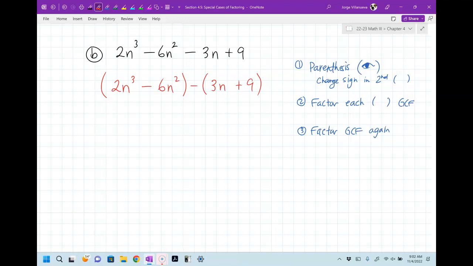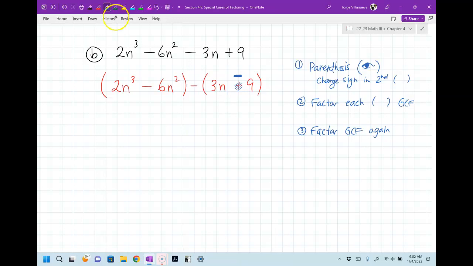So is it negative in the middle? Yeah, so then that means I better change that plus to a minus, okay? Now, if it was a minus on the second parenthesis, then make it a plus, okay? So make sure you change the sign. If there's a plus in the middle, don't worry about it.